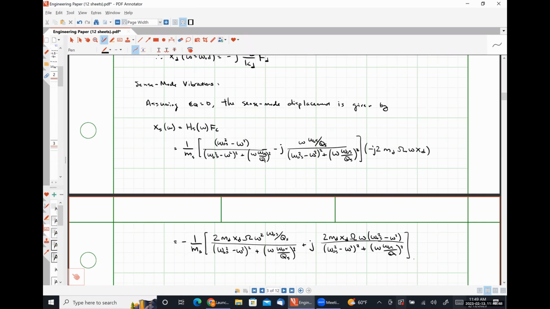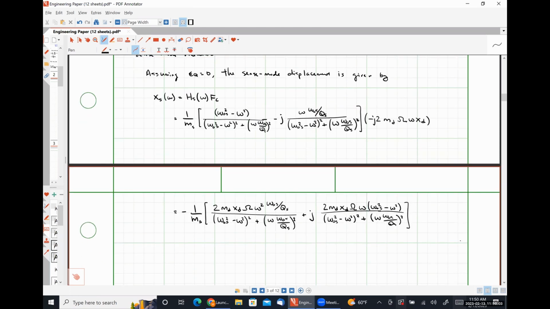And this is going to simplify depending on the frequency that we use. There are two common frequencies that are used. We could have a matched mode system, where omega naught S and omega naught D are the same.